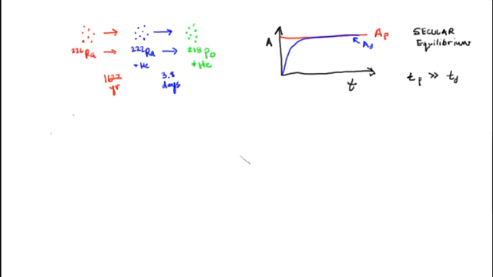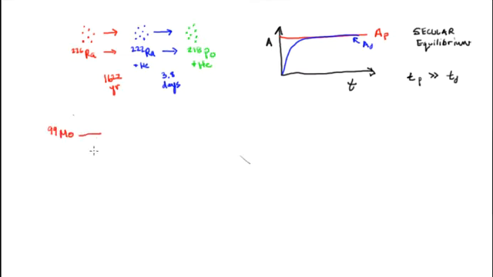There's another kind of equilibrium that can happen when the half-life of the parent isotope is just a little bit longer than the half-life of the daughter isotope. A classic example of that is molybdenum-99 decaying into technetium, and I'm going to draw that quickly.